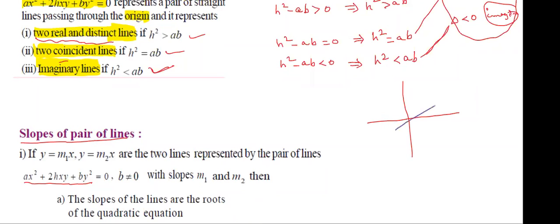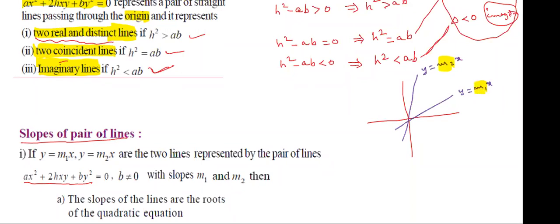This is one line, this is another line. The first line I am taking y is equal to m1x, the second one y is equal to m2x. So the slope of the first line is m1, and the slope of the second line is m2.